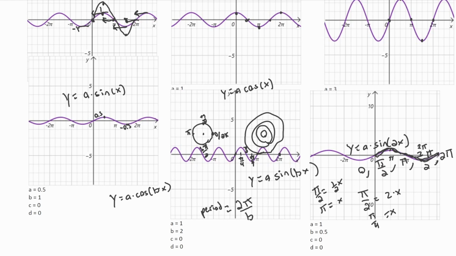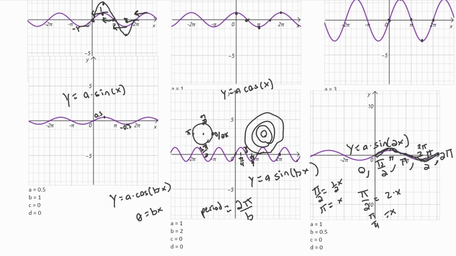The reason is because every x value we plug in, since we're multiplying it by b, we're going to reach where bx equals our key features faster.